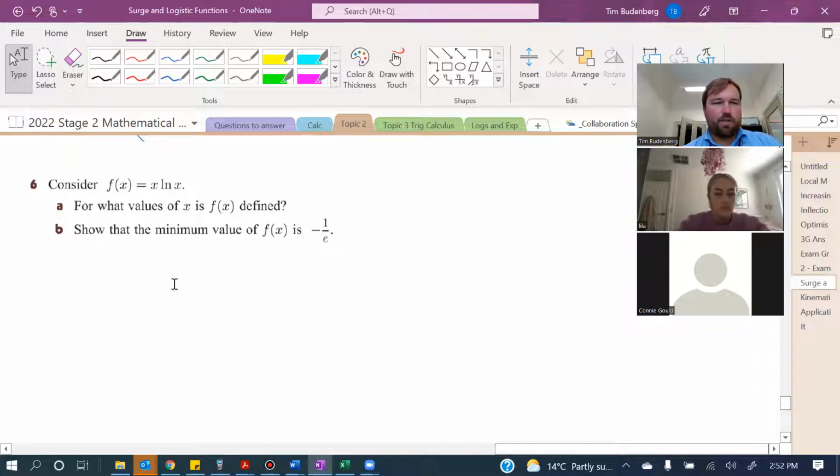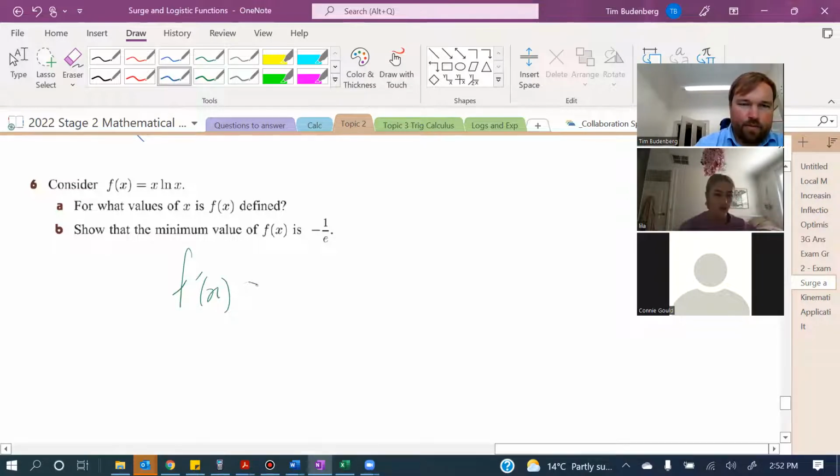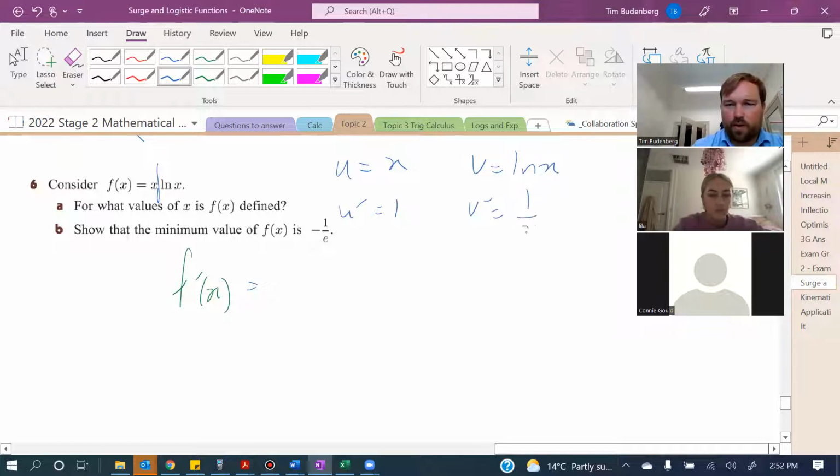All right, so you'd have done the derivative. What was your f dash x? Oh, I didn't know what to do for that yet. Oh, okay. I would use product rule, where u is x and v is ln x. Therefore, u dash is 1 and v dash is 1 on x.